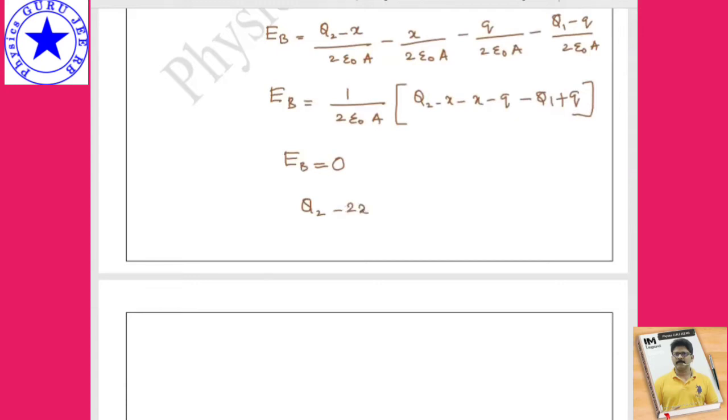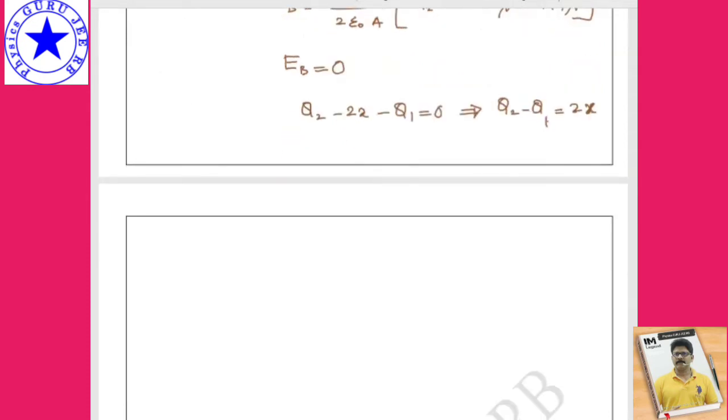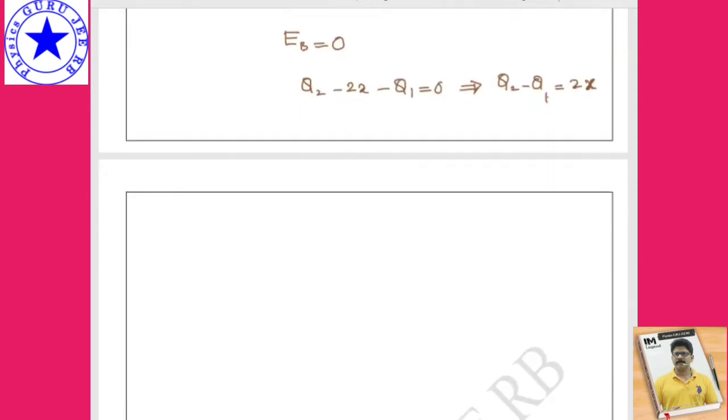Here q and q will get cancelled, minus Q1 equal to 0. Now what I can write from here, Q2 minus Q1 equals 2x. Hope it is clear. Nothing but 2x. So Q2 minus Q1 is equal to 2x, or x is equal to (Q2 minus Q1) divided by 2.